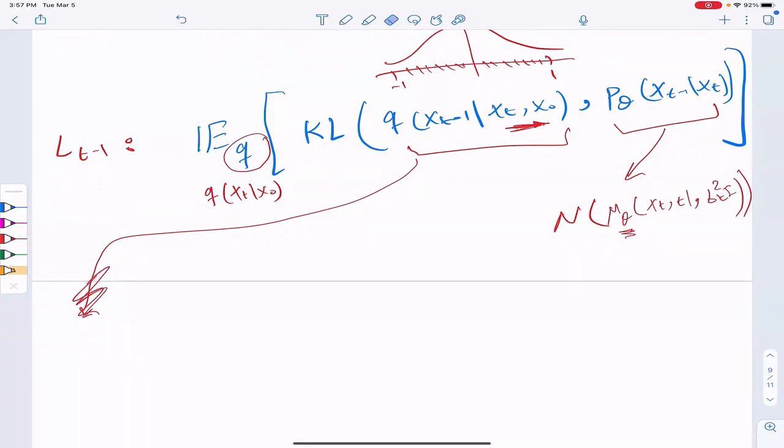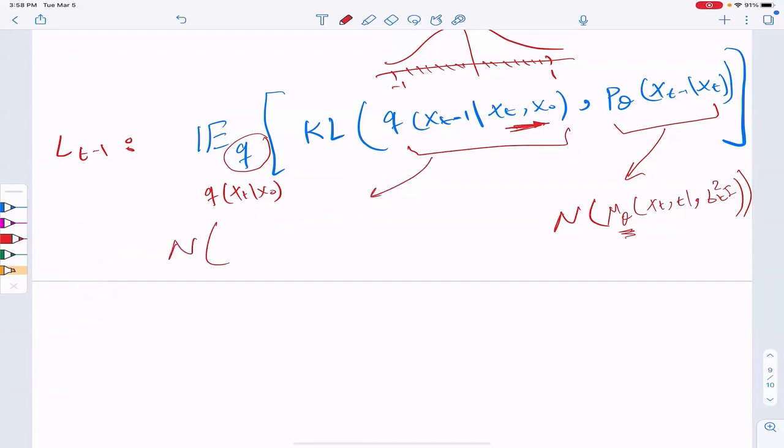I'm going to call the mean of this Gaussian distribution mu tilde of t, xt and x0, with variance beta hat of t times identity. Those are the parameters of this other Gaussian distribution.